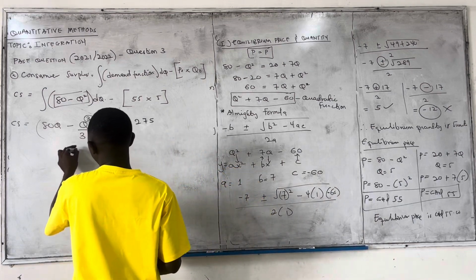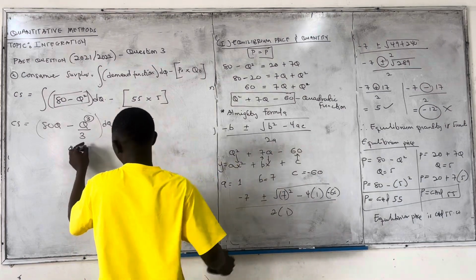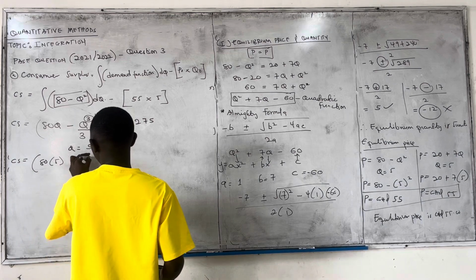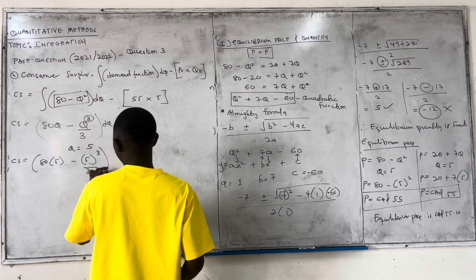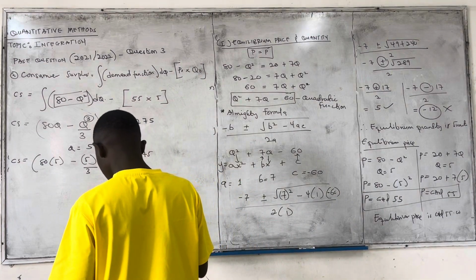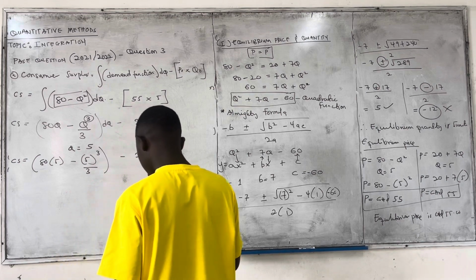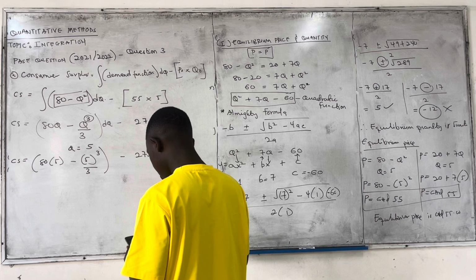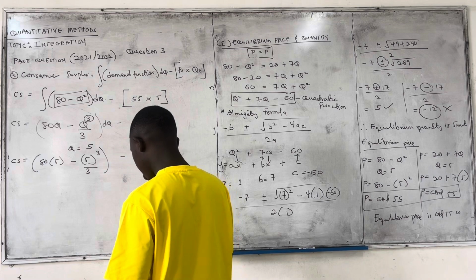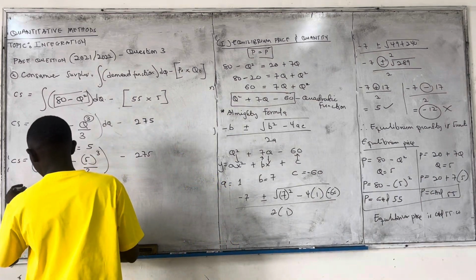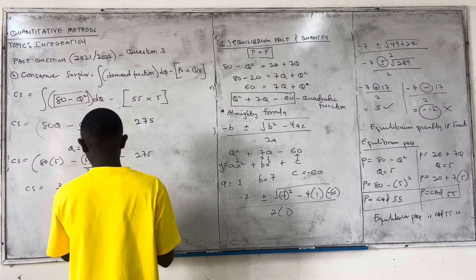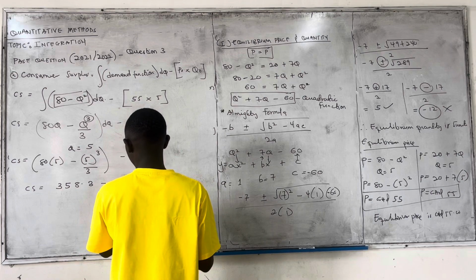So where Q is 5, consumer surplus is 80 times 5 minus 5 cubed divided by 3, minus 275. 80 times 5 minus 5 cubed divided by 3 is 358.3, minus 275.